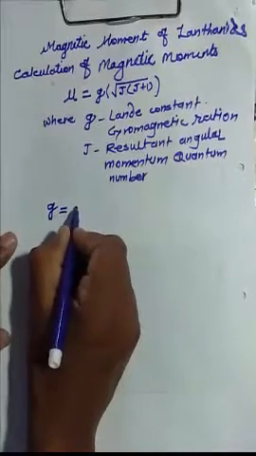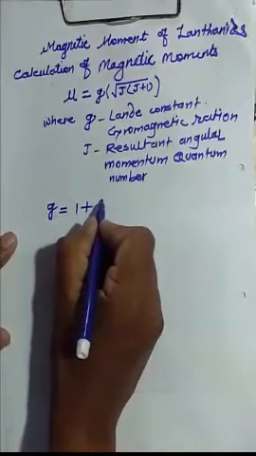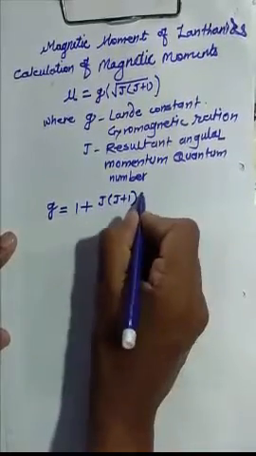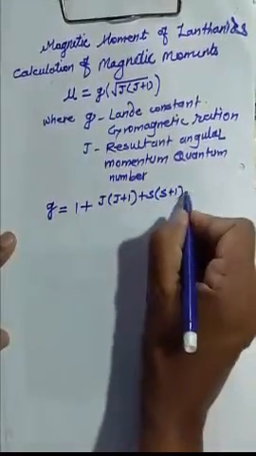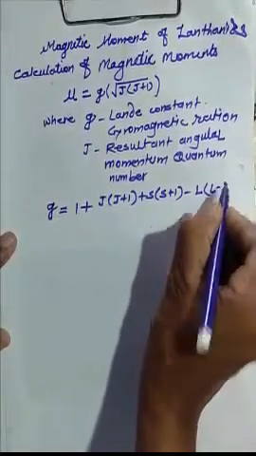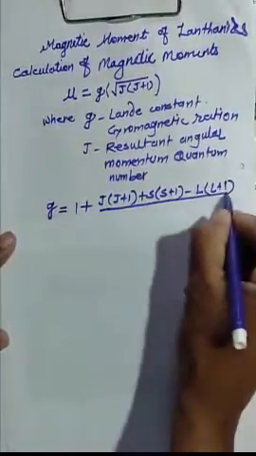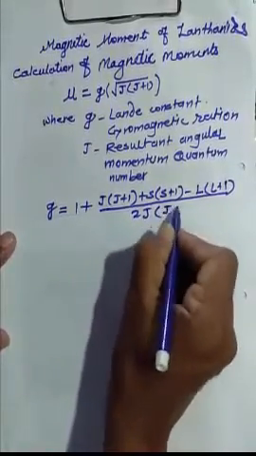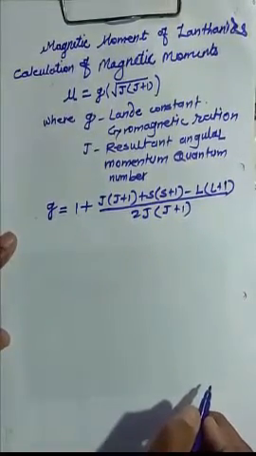Its formula is 1 plus J into J plus 1 plus S into S plus 1 minus L into L plus 1, divided by 2J into J plus 1. Okay, so this is the formula to calculate the Lande constant.